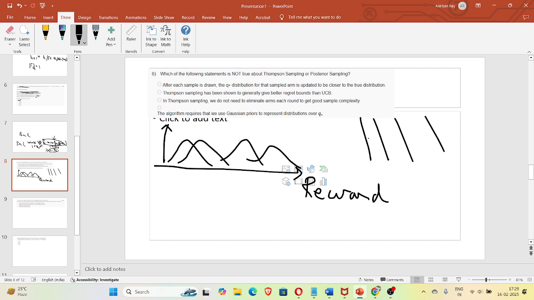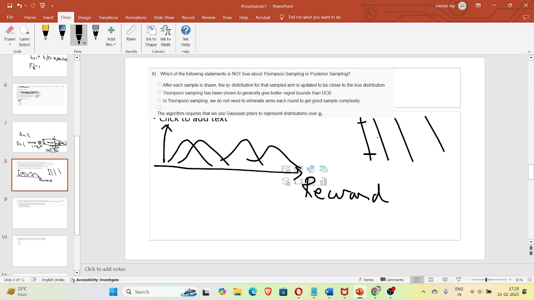The reward that you get from an arm can vary. As you remember in UCB, there is a range in which the value lies, and after a sample it becomes closer.